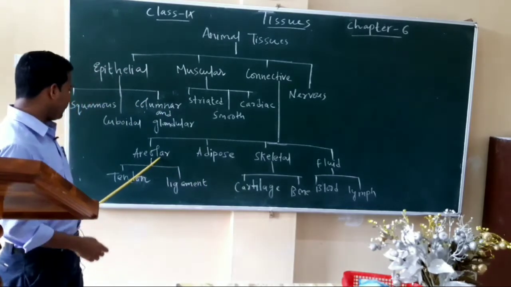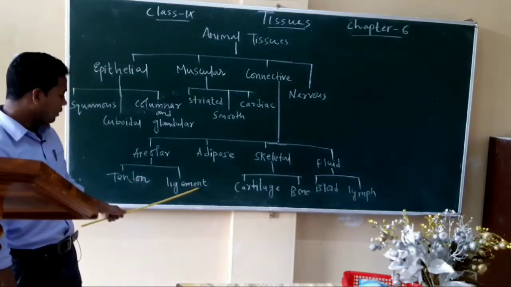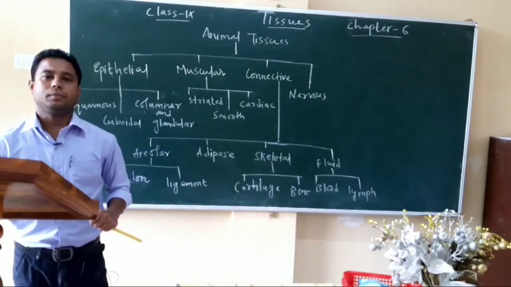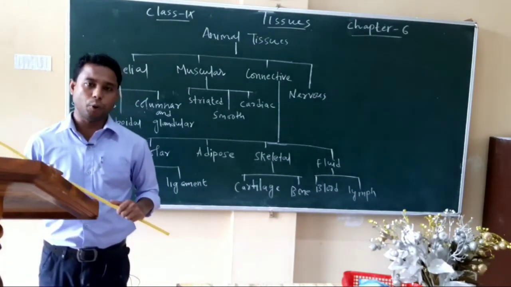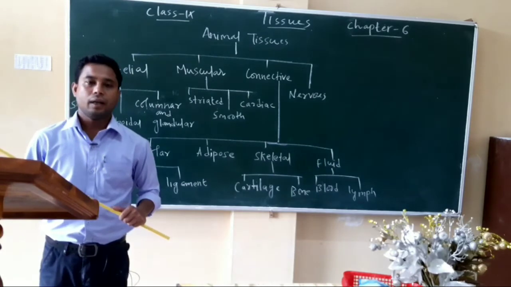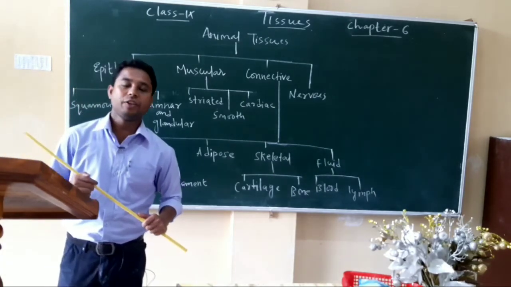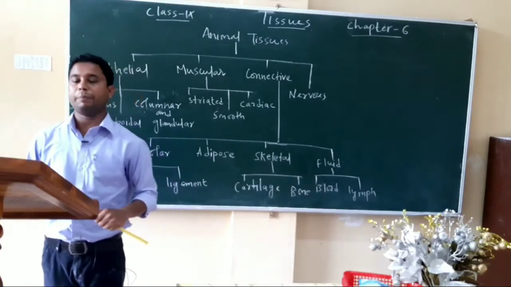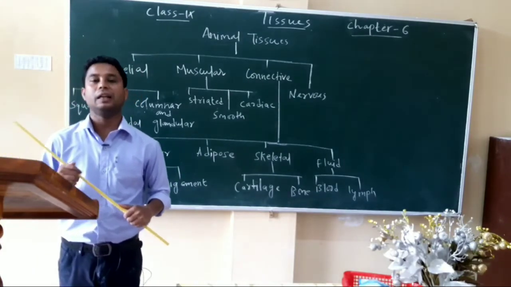Now, areolar is divided into 2 parts, that is tendon and ligament. Tendon connects muscles to bones. And what is ligament? 2 bones are connected together by another type of connective tissue called ligament.